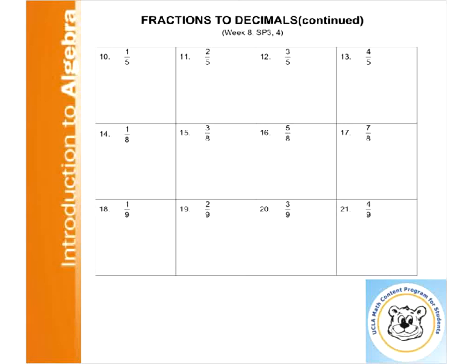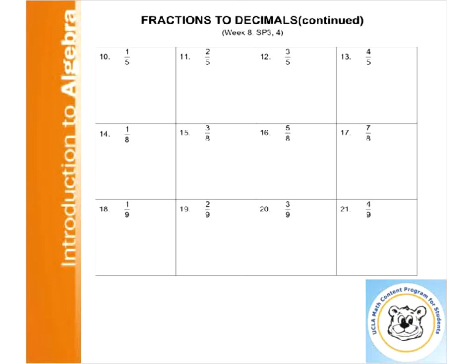18, 19, 20, and 21 are going to be difficult also. 1/9. For this you might want to refer to the warm-up that they did, where they figured out what 1/3 was equal to. So if I know that 1/3 is 0.33 repeating, I know that number 23, 3/9, simplifies to 1/3. So we use that fact to figure out what 1/9, 2/9, and 4/9 are.